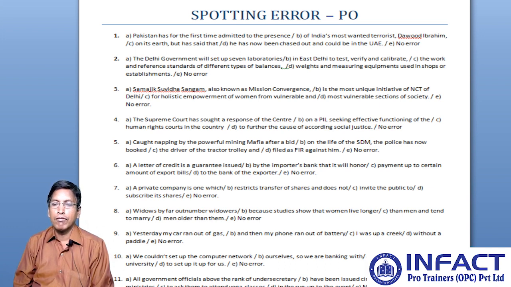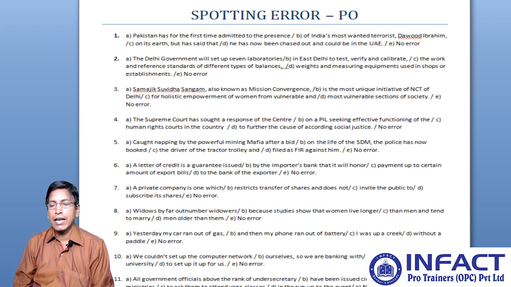So from the 4 parts, is there any error, and in which part is the error identifiable? Let us take the first part. Pakistan has for the first time admitted to the presence. Is there any error? It seems there is no error in this statement.